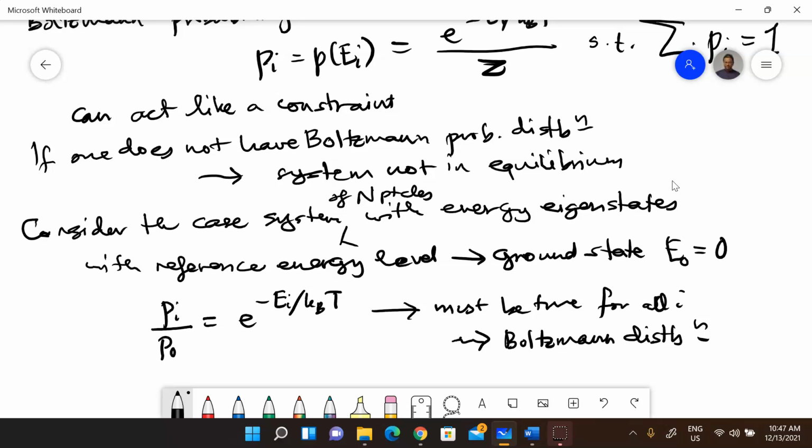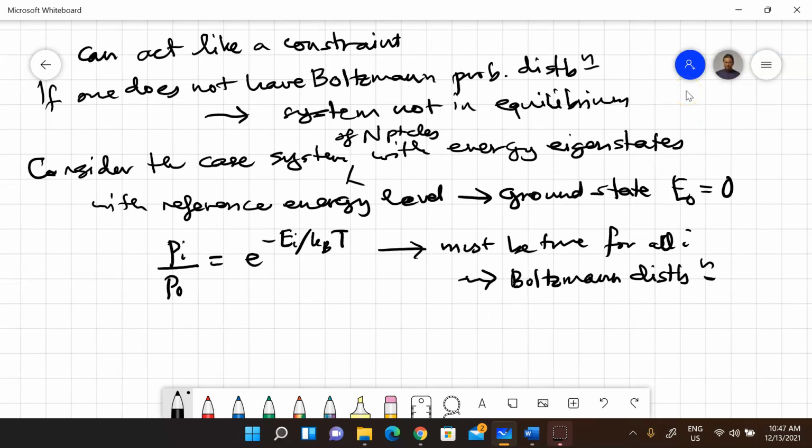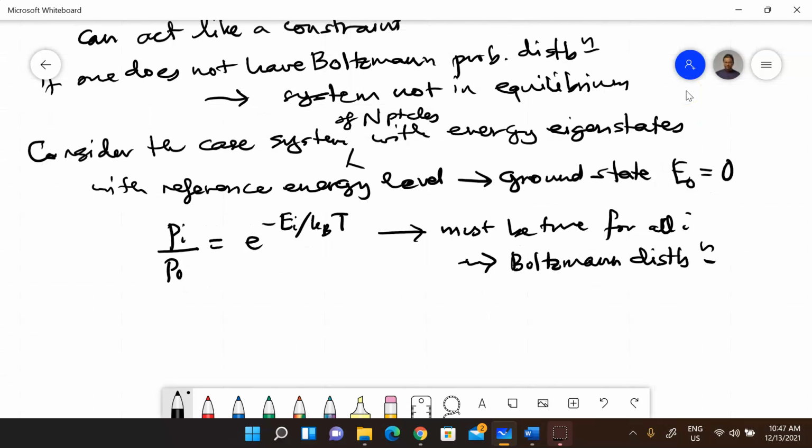Now, again, when you have things in equilibrium, remember that all the subsystems, in this case all the systems with a particular energy level, should have the same temperature. So one can check this: check the temperature.